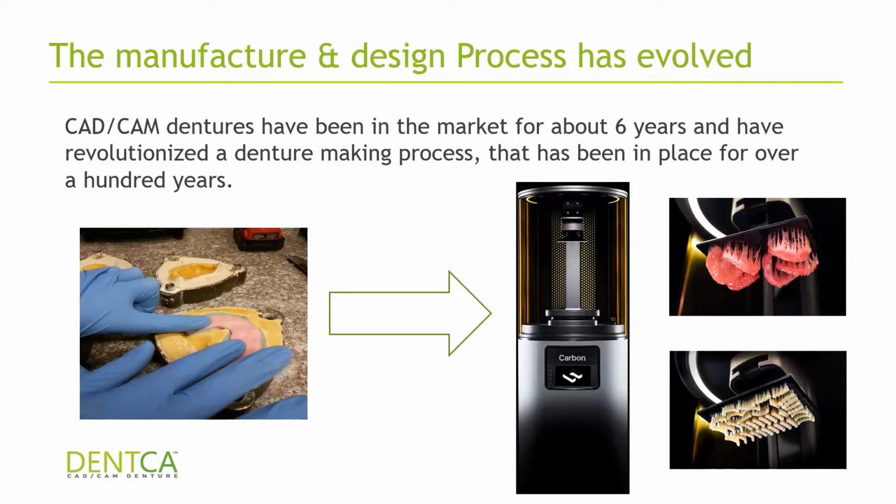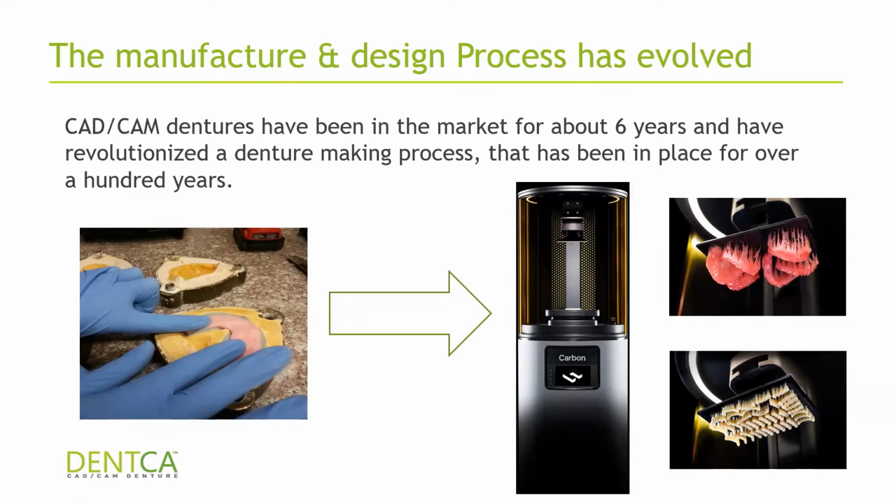But bottom line is, dentures haven't really changed much in about 100 years, except for the last 6 years where we came out with new ways of making dentures. But besides that, materials have evolved, but the way we made dentures up until that point has been the same. And one of the biggest challenges of this is how long it takes to actually make these dentures, and how hard it is to actually make a profit out of them.